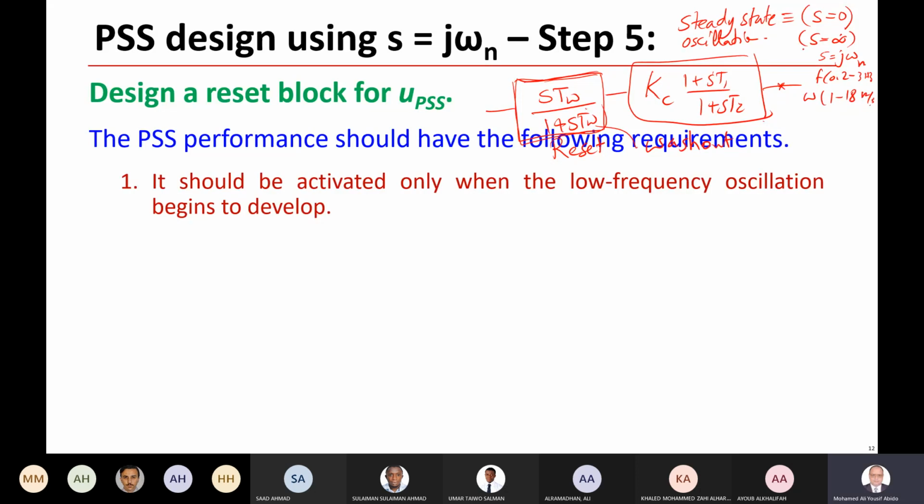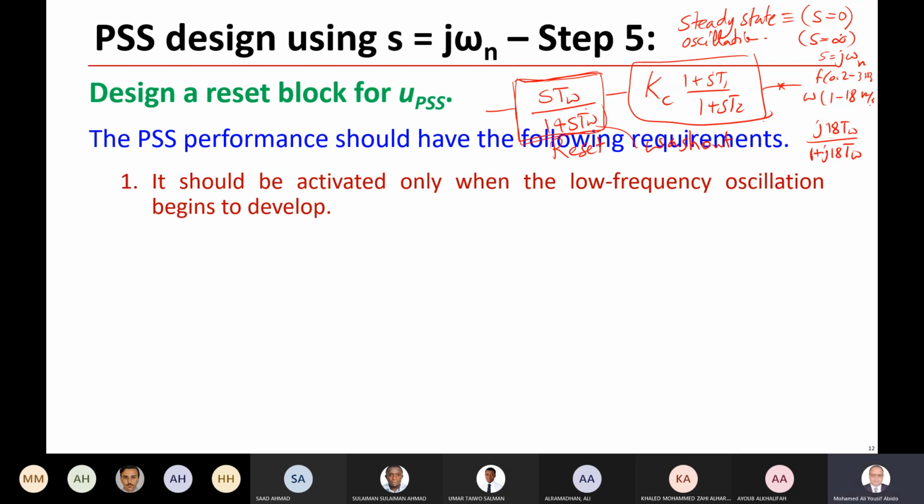Assume that S equals j18, high frequency. If this is j18, this becomes j18 TW over 1 plus j18 TW.